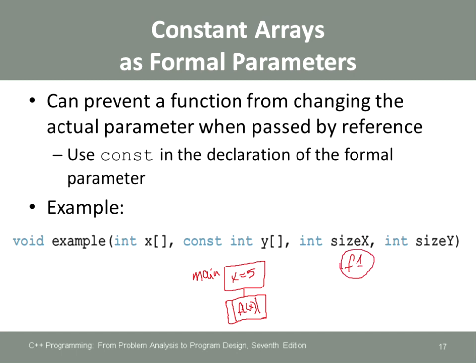So what is f1? When f1 receives x, maybe it receives it as, let's call it a, right? So what happens if we say a equals a plus 1, and it just returns.